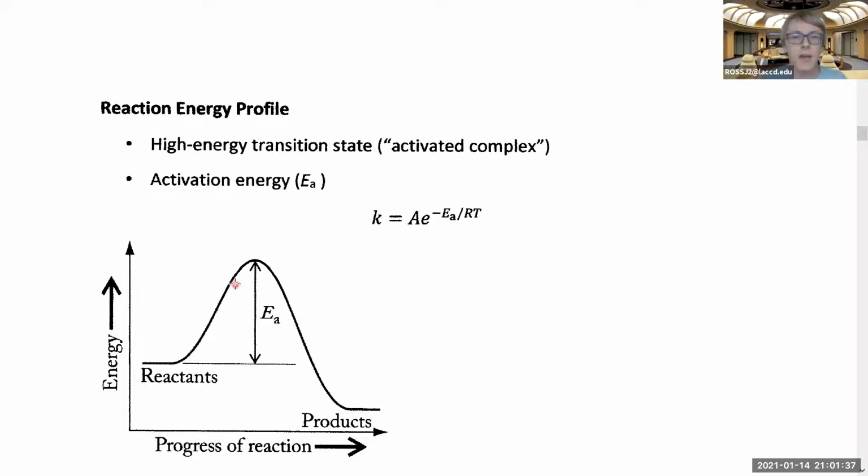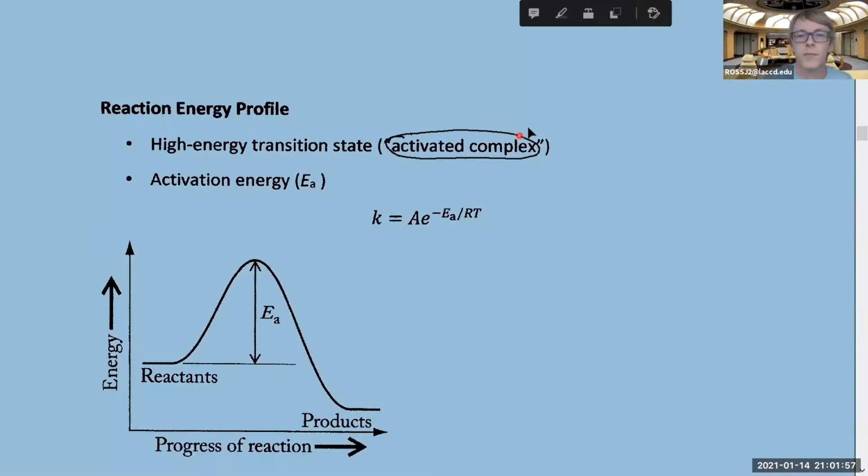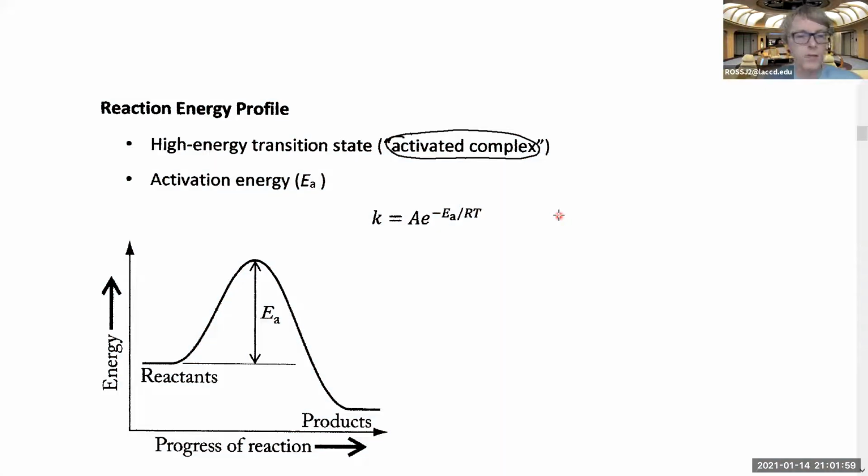We can annotate the species here in the middle. We can say the activated complex. And the activated complex, we can annotate. In fact, let's get rid of the black ink. Let's see. There we go.